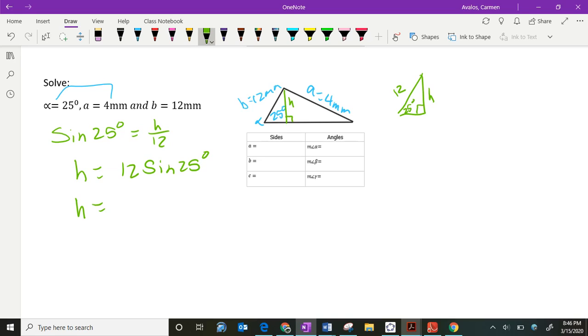let me see. You're going to get H to be 5.07. That means that H is greater than A. And so 5.07 is greater than 4. So therefore, it's no triangle.